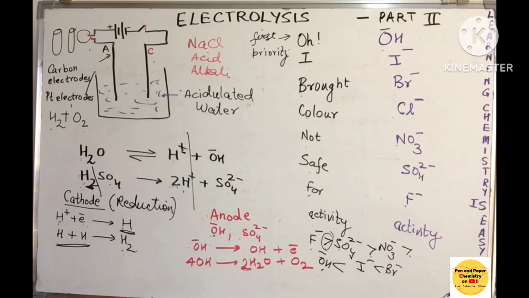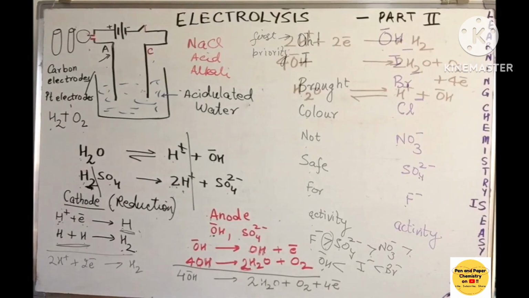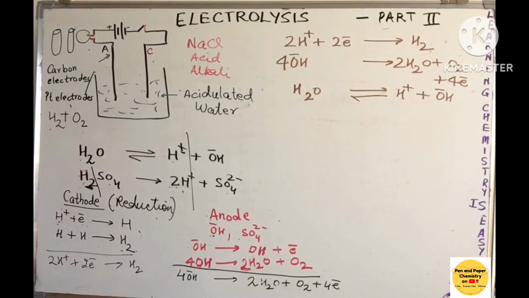Now let us see hydrogen and oxygen. We want to know how much hydrogen and how much oxygen will be formed in this process. Let's see how we balance and add the two equations and get the final equation.